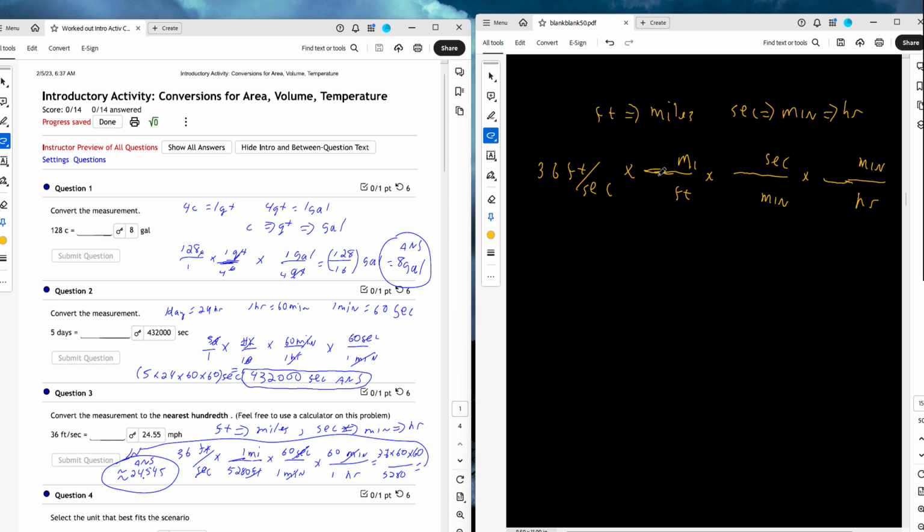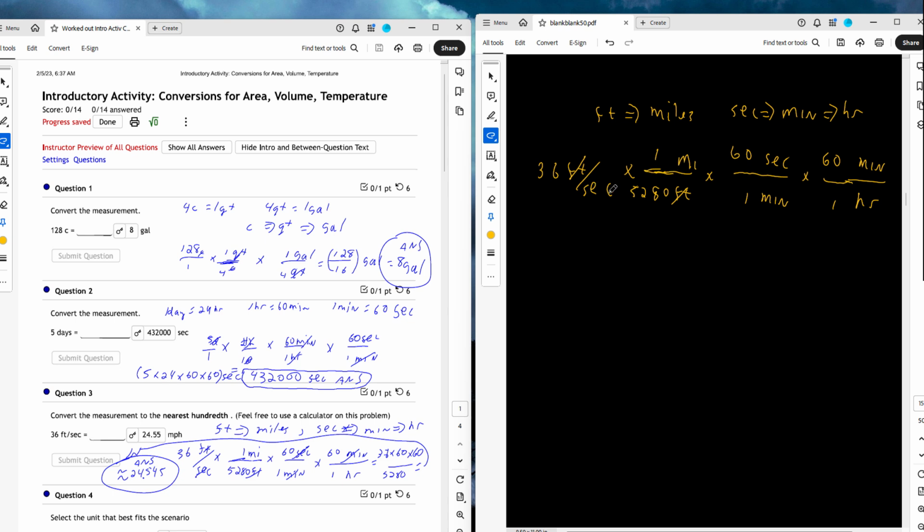Okay, so in this case here, 1 mile is 5,280 feet. And we know that 1 minute has 60 seconds. And we know that 1 hour has 60 minutes. So when I multiply, feet cancel out, and I'm left with miles.